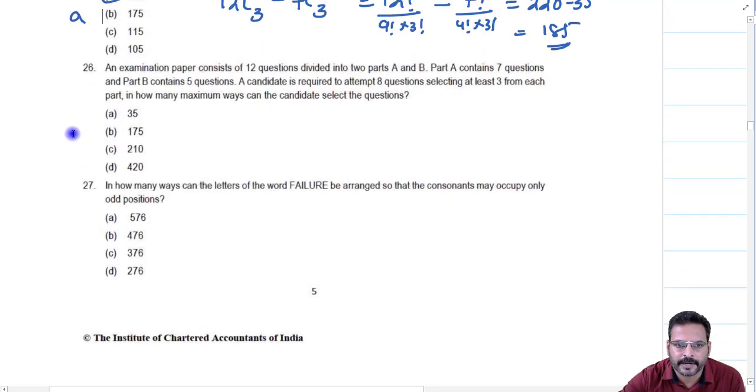Then the next question. An examination paper consists of 12 questions divided into part A and B. Part A contains 7 questions and part B contains 5 questions.